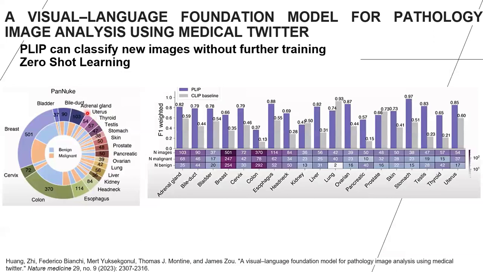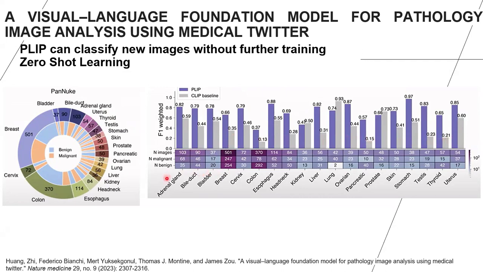They have obtained the F1 weighted score, and the purple legend is showing the performance of PLIP for each class, benign and malignant. For bile duct, we can see PLIP is performing good. Bladder cancer, PLIP is still performing better. Breast cancer, PLIP is performing better. So in all the cases, PLIP has superior performance over CLIP.